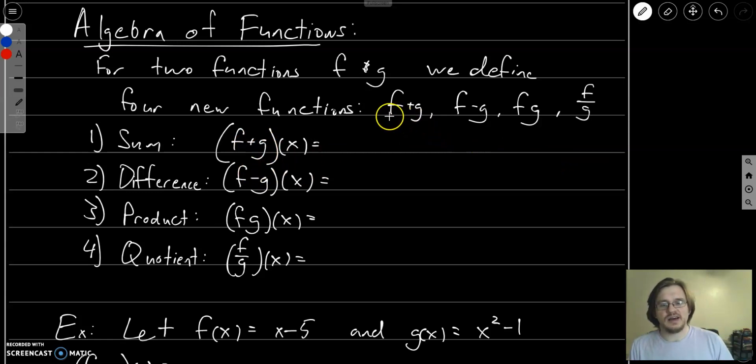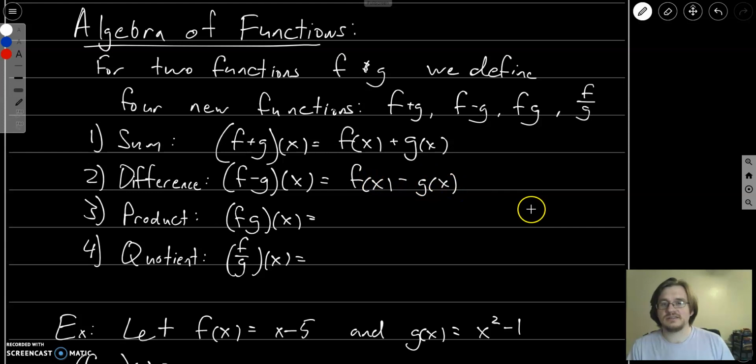So we'll look at 4 new types of functions. If you give me 2 functions, we can add them together. If you give me 2 functions, we can subtract them, multiply them, or divide them. So this works exactly how you would expect. If I want to take this new function, which is going to be f plus g, this is literally just take the 2 functions and add them together. If we want to find the difference of 2 functions, it's just going to be take those 2 functions and subtract them.